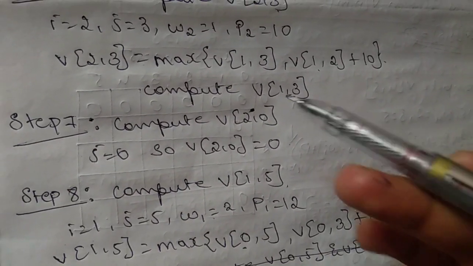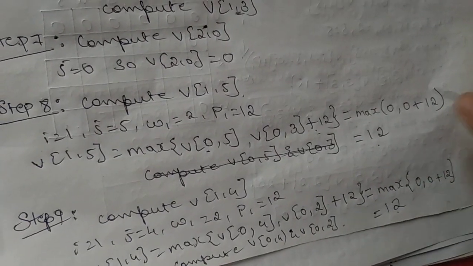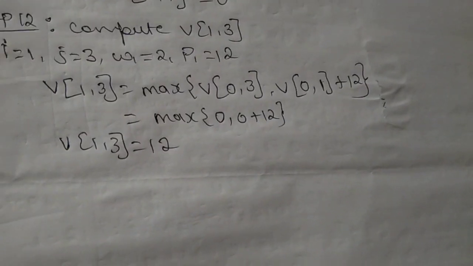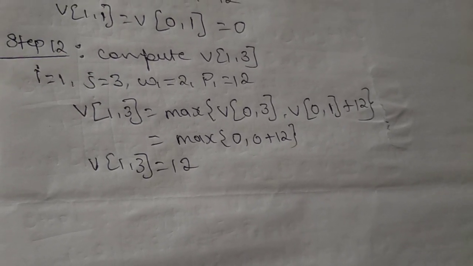We have just found v of 1 comma 3; in further steps no need to compute. Here 2 comma 0 we already got the value. Now what you have to do is just apply backward substitution in order to get the value for v of 4 comma 5.